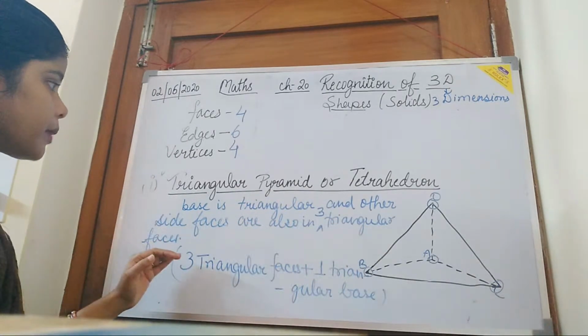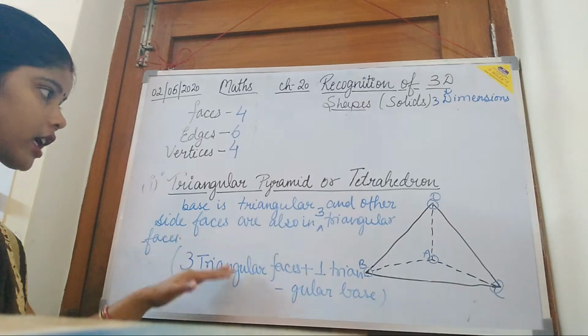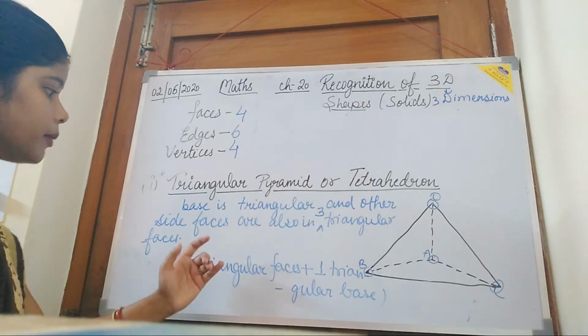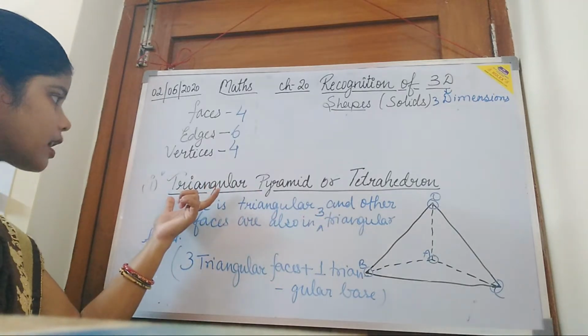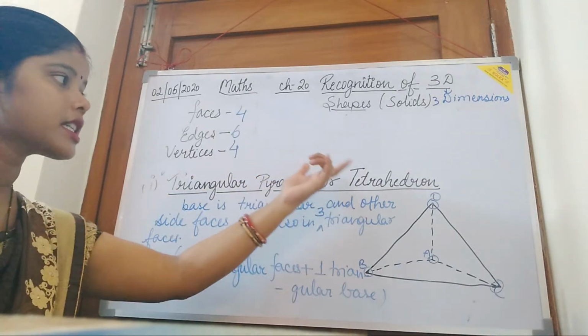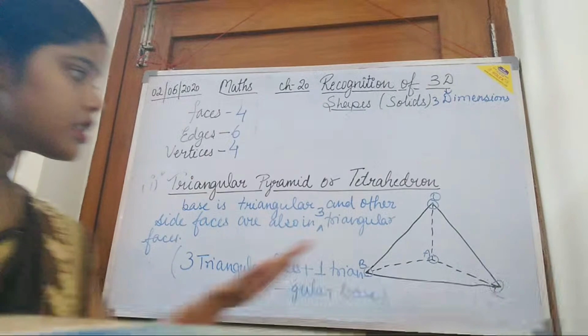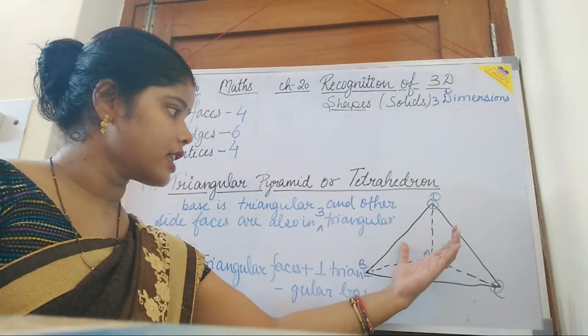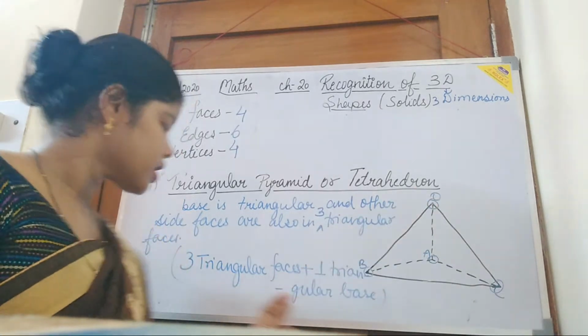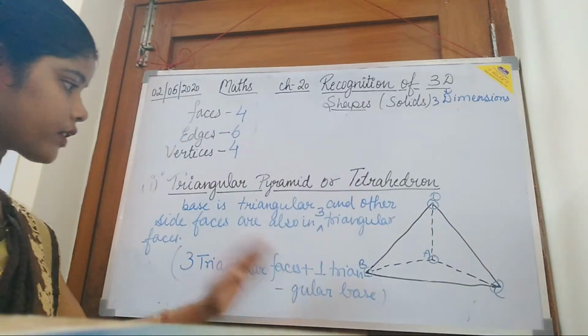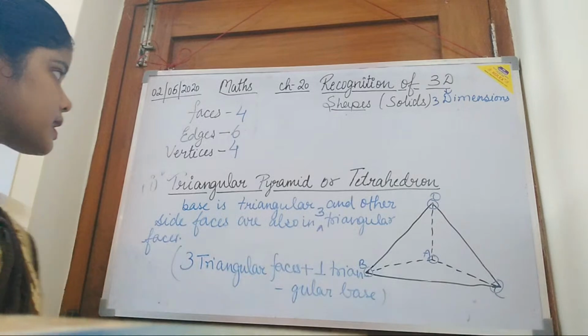Here in the triangular pyramid we have the base as a triangle, but the other 3 faces are also triangles, so it is named a triangular pyramid or tetrahedron. And 3 triangles meet at a vertex O. So how many faces? 3 triangular lateral faces and 1 triangular base.